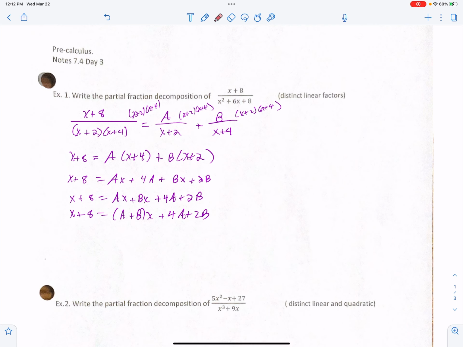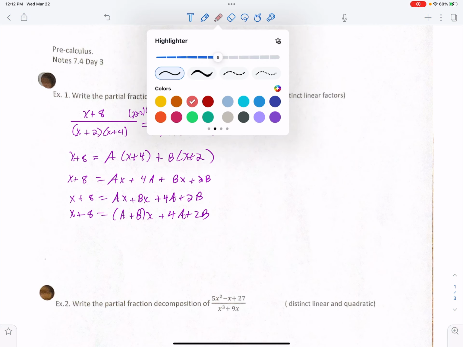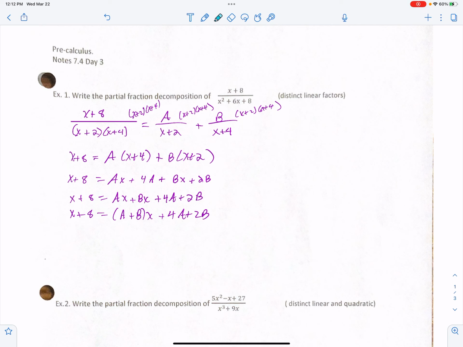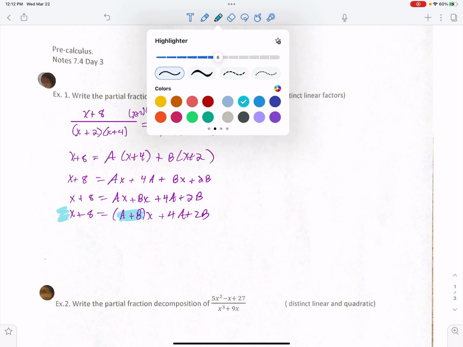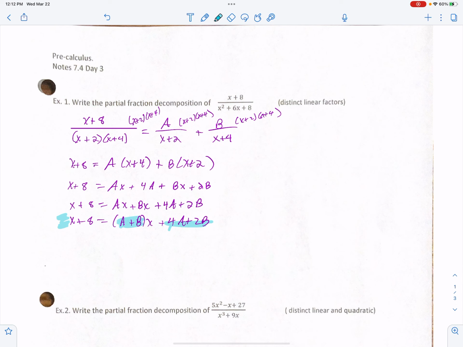And so now the coefficient of x on the left has to equal the coefficient of x on the right. And the constant on the right needs to equal the constant on the left.